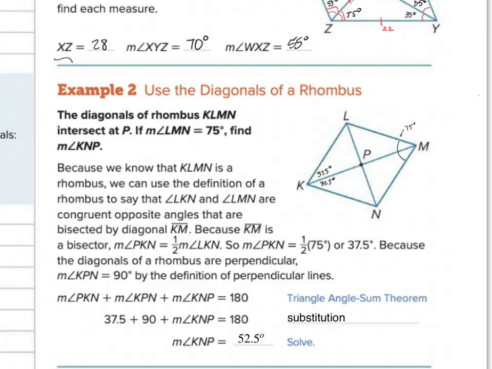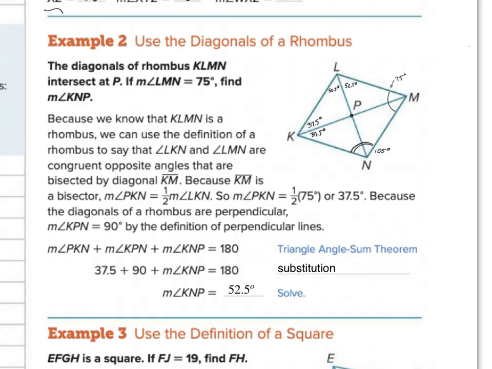If that's the case, because it's a parallelogram, I know that this angle right here plus this angle, thinking of the whole thing, should be 105 degrees, this whole thing right here. So that makes this angle 52.5 degrees.